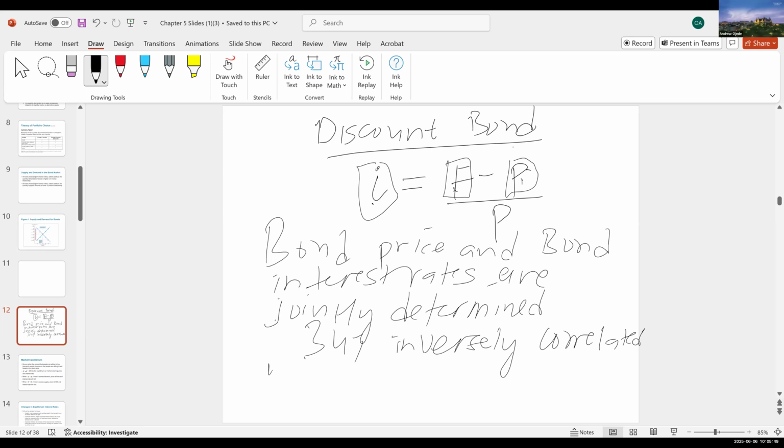In other words, if the bond price is increasing, that implies that the bond interest rate, or the yield on the bond, is falling. They always move in opposite directions.